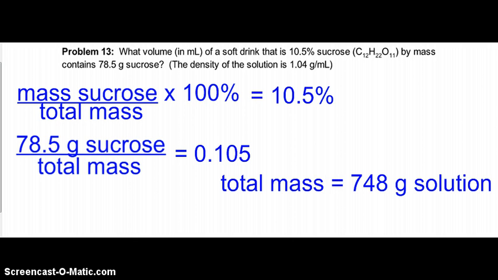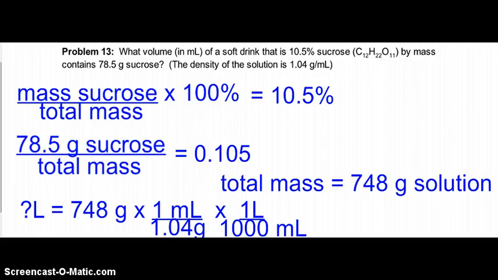Now how does that help us? Well, we need to go back and now solve for volume. So now that we know the total mass is 748 grams, we can go ahead and solve for liters. So I factor labeled liters here. Hang on. All right, here we go.